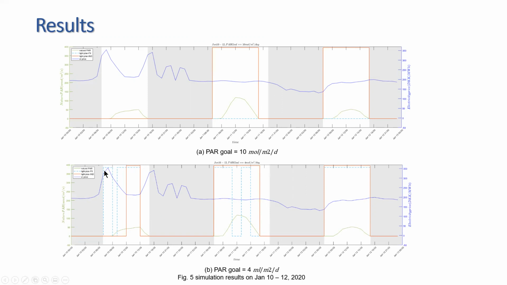In these figures, the gray areas represent the fixed light hours. That means in these hours, the artificial light must be switched off. The blue curves are the electricity prices, and the green curves are the natural PAR value.